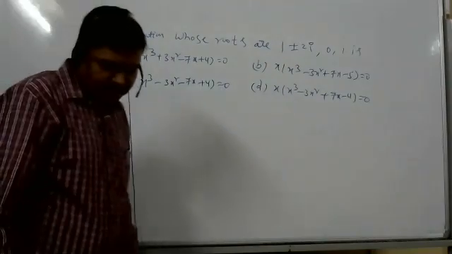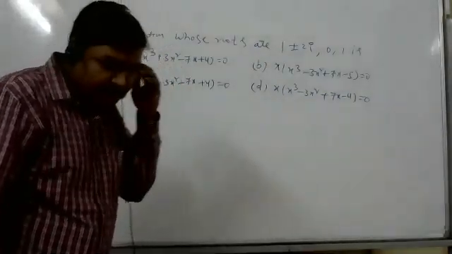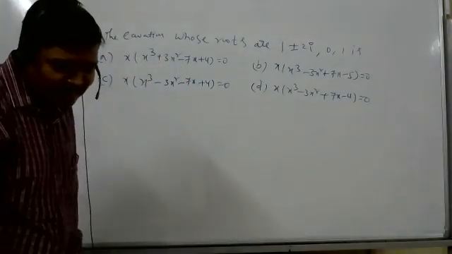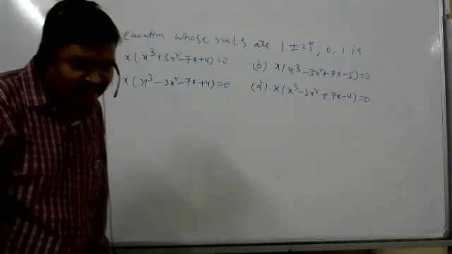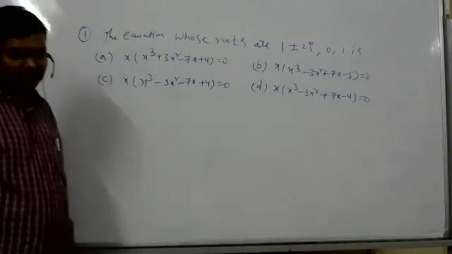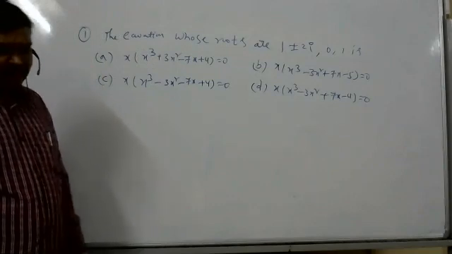Sir, for this equation, we don't need to solve the full equation. We just need to find the coefficient, no, sir? Yes, coefficient. So once we find coefficient, we can compare and we can select answer.